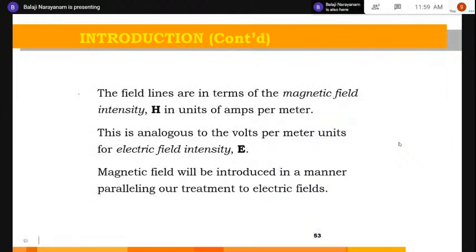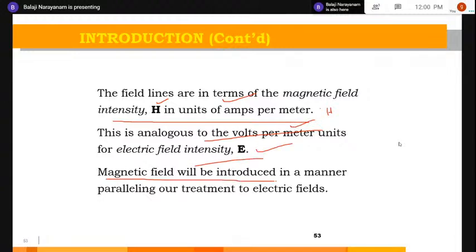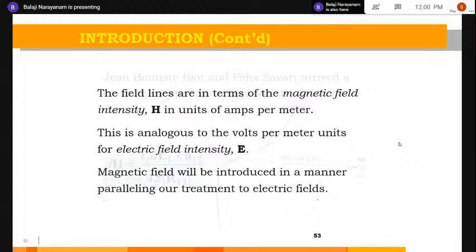The field lines are described in terms of the magnetic field intensity H in units of amperes per meter, which is analogous to the volts per meter units of electric field intensity E. Just now we discussed that the magnetic field will be introduced in a manner paralleling our treatment of electrostatic fields.